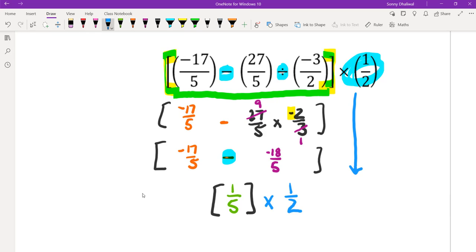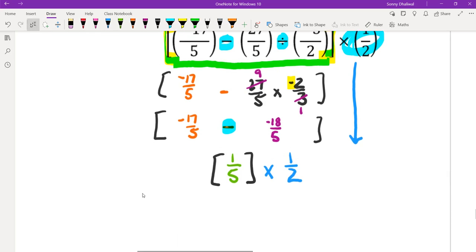It's another multiplication statement. What's the first thing we check for? Yeah, if we can reduce. And can we reduce? No. So now we can simply multiply the tops and multiply the bottoms. On the top, 1 times 1 is 1. 5 times 2 is 10.